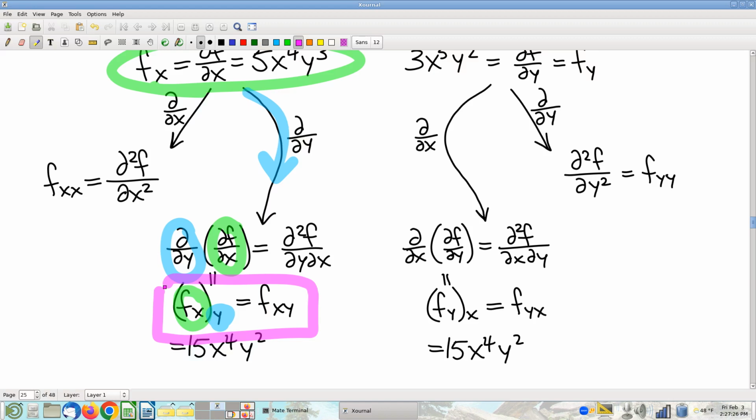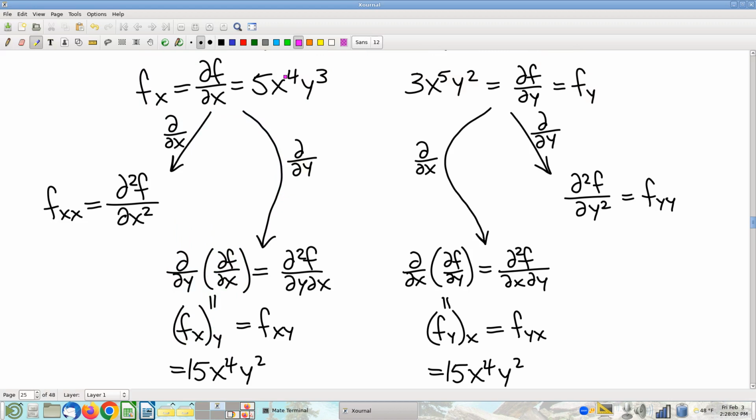And that's all well and good, except for the fact that, as I'm sure you've noticed, depending on which notation you're using, which partial happens first is either on the right or on the left. That's a little annoying, and it's unavoidable given the notational choices that we have here. So it just kind of is what it is. I'm going to call that a notational landmine to be aware of, and you can't get around it. So there you go.